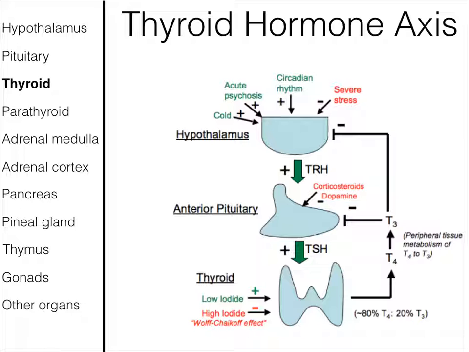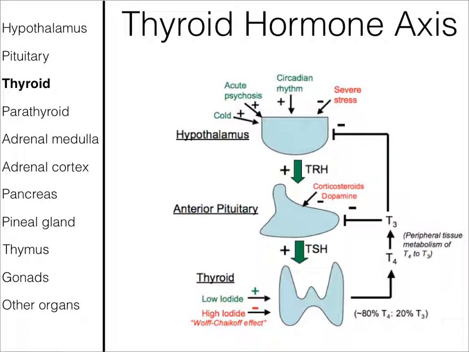And so you don't need as much metabolism at night as you do during the day when you're moving around and doing stuff. So at night, nighttime is going to suppress the hypothalamus. You produce less TRH, less TSH. Daytime is going to stimulate the hypothalamus. You're going to produce more TRH, more TSH, more thyroid hormone.